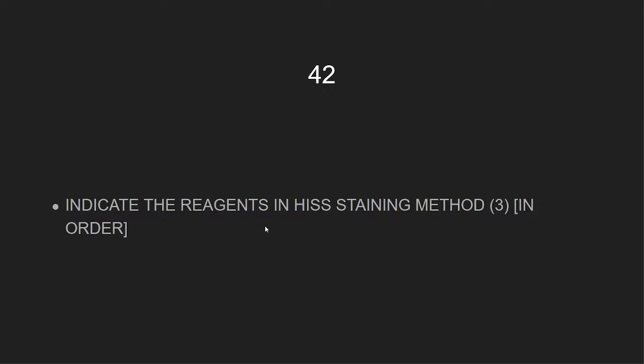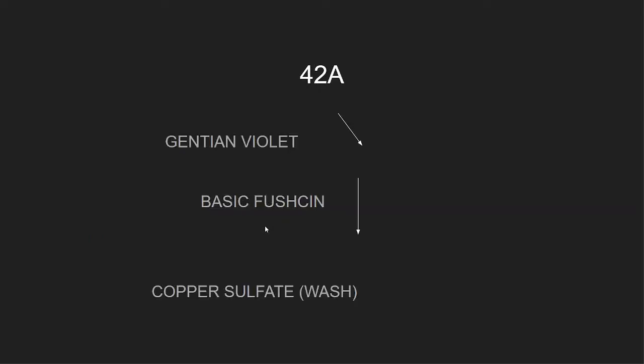So you combine these two, and they will bind to the capsule. The next thing that you're going to do is remove the metals using a copper sulfate wash. You don't use water for this stain, by the way. You use copper sulfate.